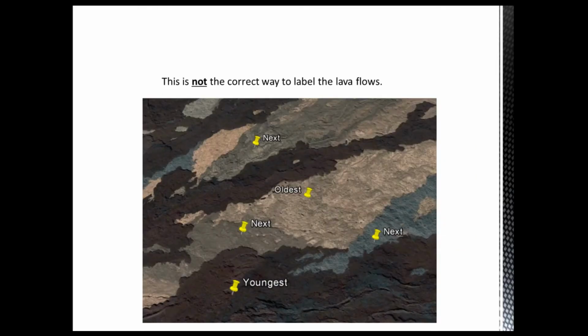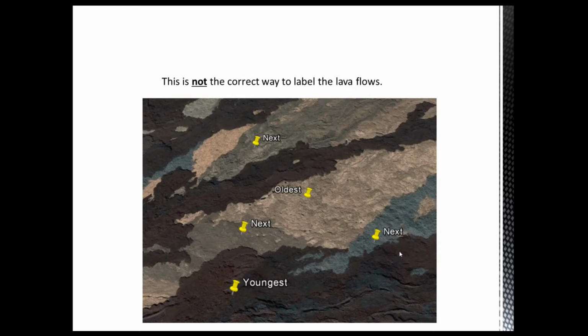Now, this is an example of how not to label your lava flows. It's got an oldest and a youngest, but they don't have any numbers. And then the rest of the labels just say next. How am I supposed to tell which next is next? This is why I want you to have numbers. Oldest is 1. In this case, there are 5 push pins. So youngest would be number 5.